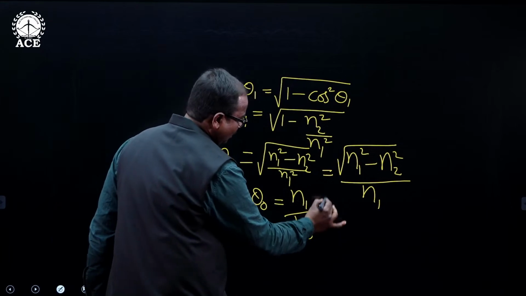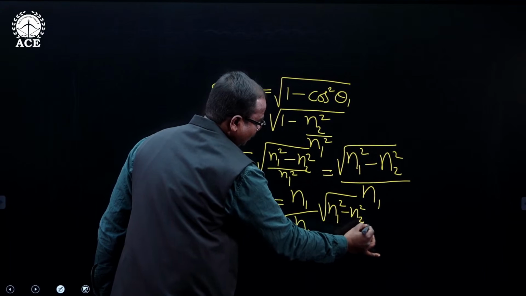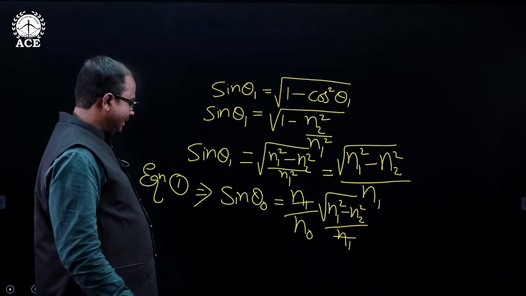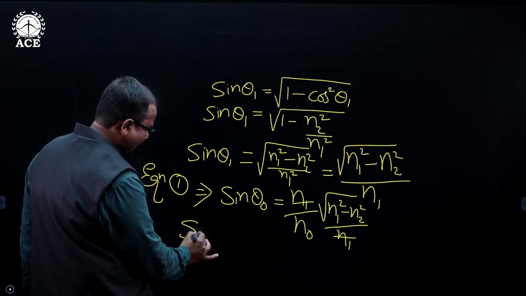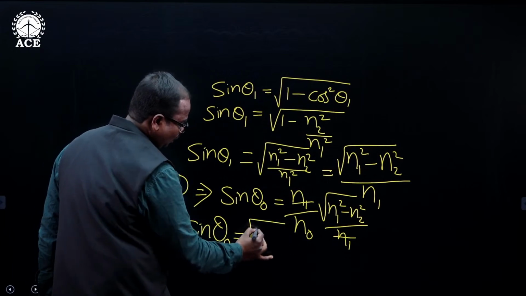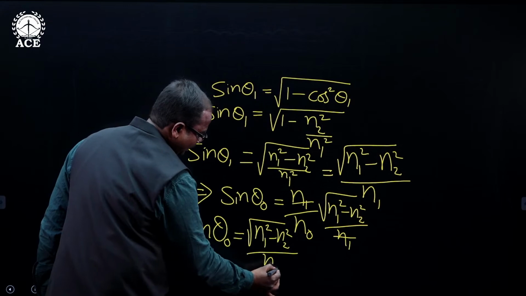Sin theta 1 is under root of N1 square minus N2 square by N1. So this N1 gets cancelled. Finally, sin theta naught is equal to under root of N1 square minus N2 square by N naught.